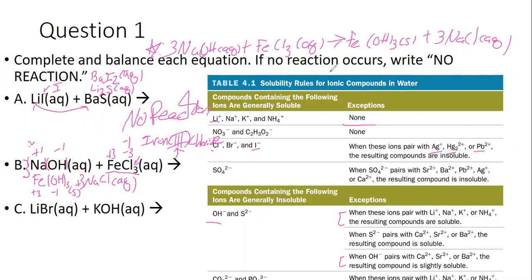So in the reaction, if iron has a +3 charge, hydroxide has a -1 charge, that means I need 3 hydroxides, 3 OHs to balance out that +3 charge from iron. So the molecule it forms is iron 3 hydroxide. So I have 1 iron in the middle and 3 hydroxides bound to it.